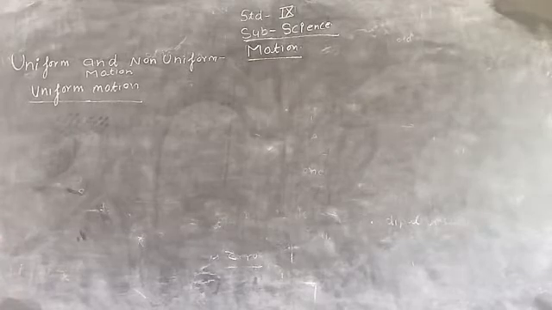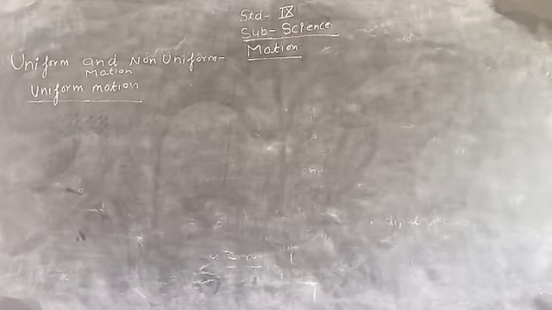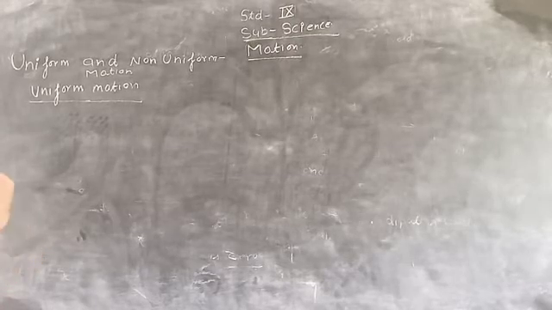Uniform motion is the motion in which the particle covers equal distance in equal intervals of time.